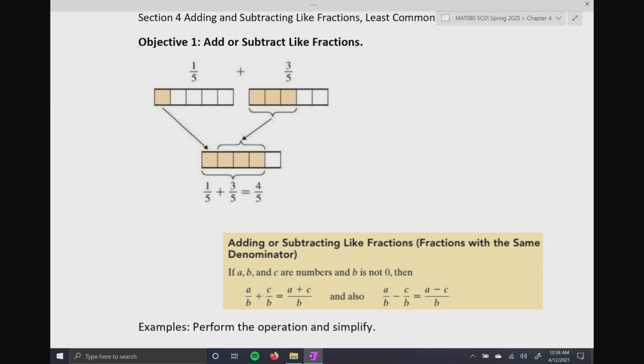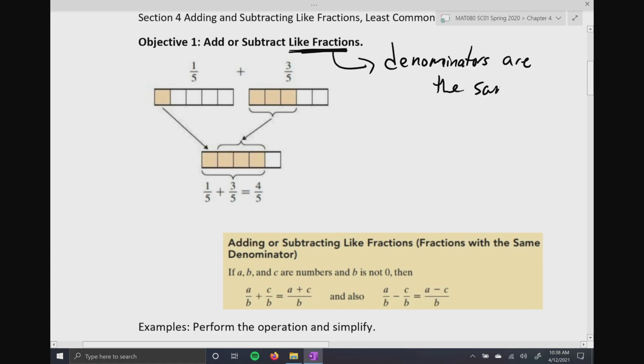Now, within section 4, we're doing like fractions. And what we mean by like fractions is the denominators are the same. So a really cool little picture here is 1/5 plus 3/5. Notice the pictures are the exact same.